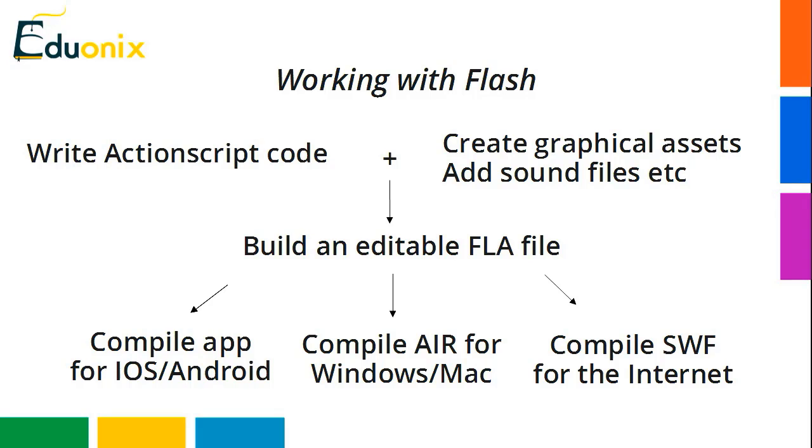So you can compile it for iOS, which is the Apple iPhone and the Apple iPad. You can compile it for Android. You can compile it in the form of an AIR file for Windows desktop and Macintosh desktop. Or you can compile it in the form of an SWF file for the internet.